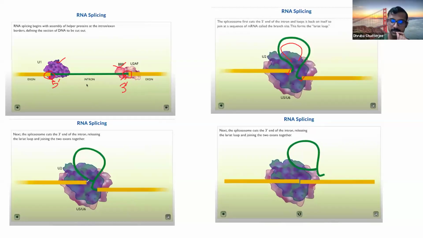They cleave the one phosphoester bond at the 5' end of this intron. And what they cause instead is a 2' 5' phosphodiester linkage within the intron, causing a covalent closing of the intron, right? And forming this intron lariat.